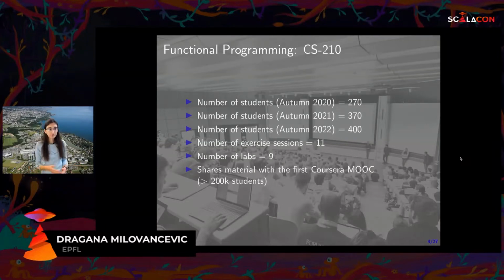There is a midterm exam, there is a final exam. In addition, throughout the semester, they are also solving a bunch of exercises. They are solving labs that are also graded. All of those exercises and labs contain multiple smaller exercises within them. So when you multiply all of this, you get a pretty large number.